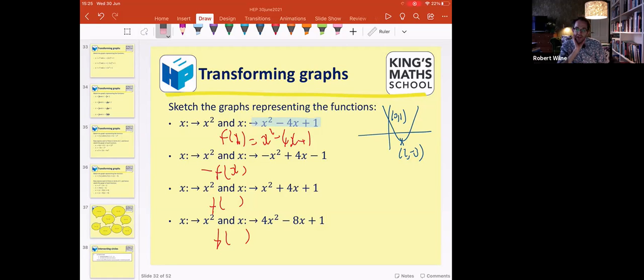So Eusthathios, you're saying they're both reflections. Johnny, for which one? Sorry, Johnny. So number 3, f of negative x.